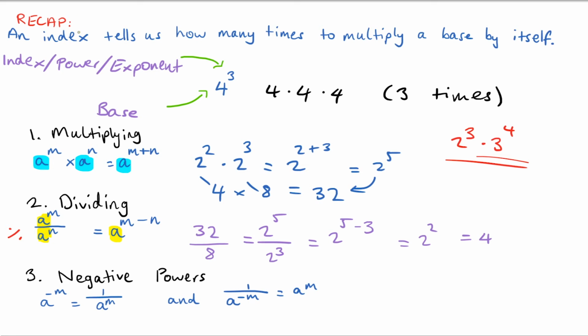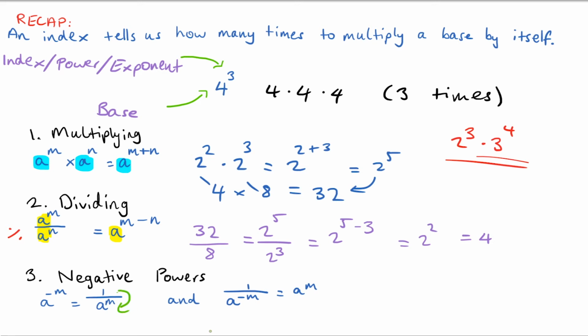The third index law relates to negative powers. So if I have a base that's raised to a negative power, I can rewrite that as a base with a positive power in the denominator of a fraction. In other words, the a to the m is going to hop down underneath.